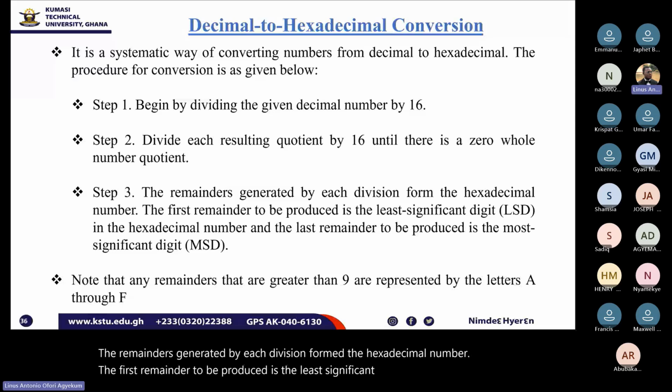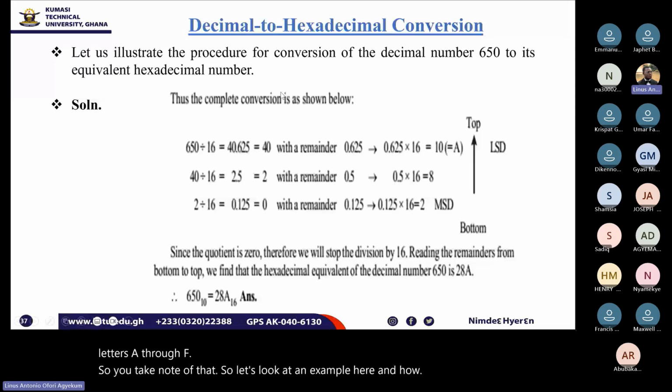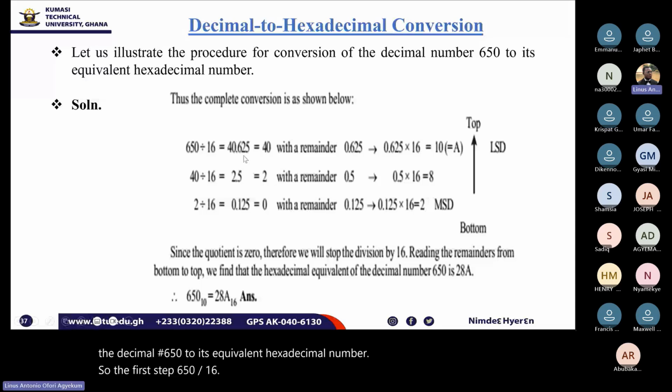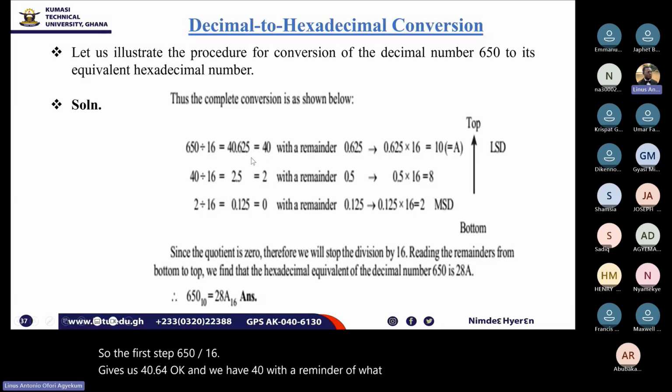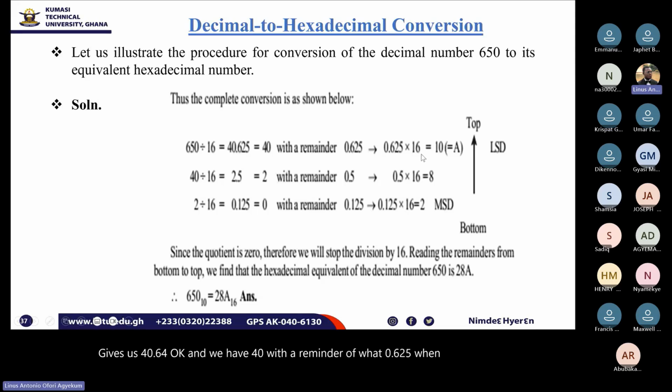So the first step, 650 divided by 16 gives us 40.625. Okay? And we have 40 with a remainder of what? 0.625. When we multiply the 0.625 by 16, what do we get?